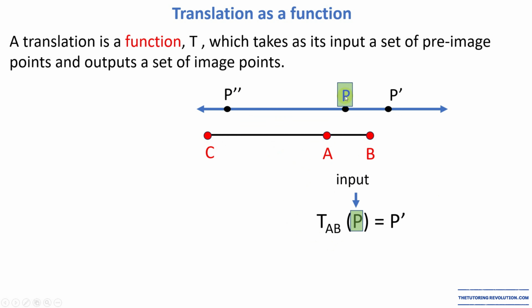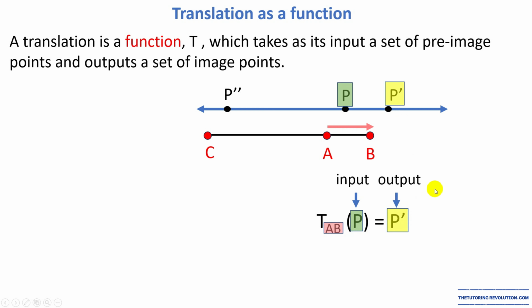The point P is going to be the input of the function. The point P prime is going to be the output of the function. AB is the direction and distance that the point P is going to move.